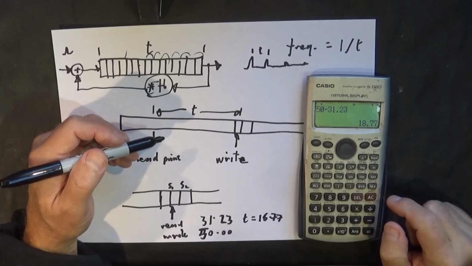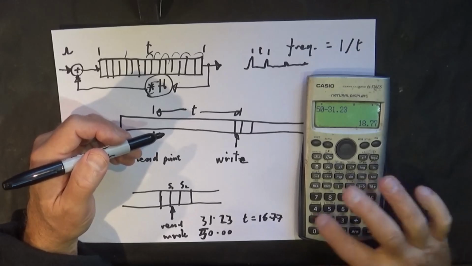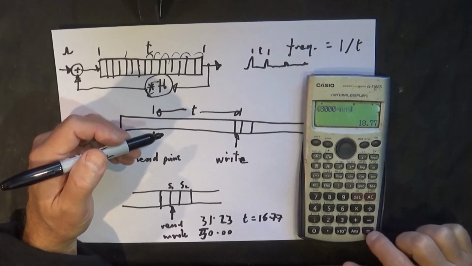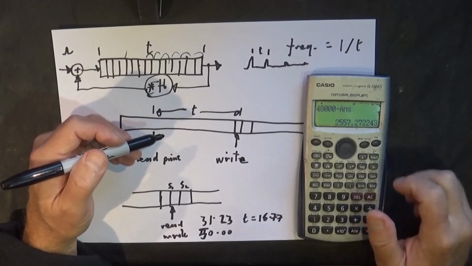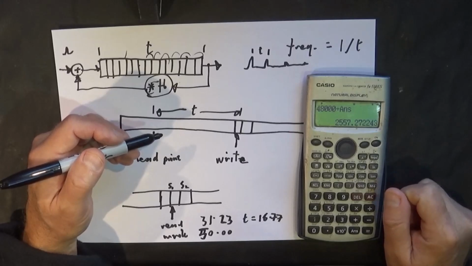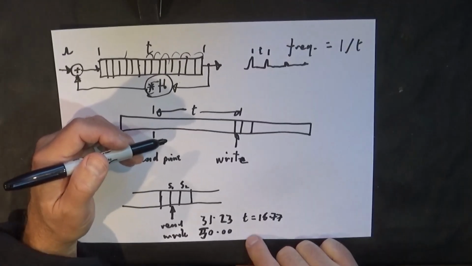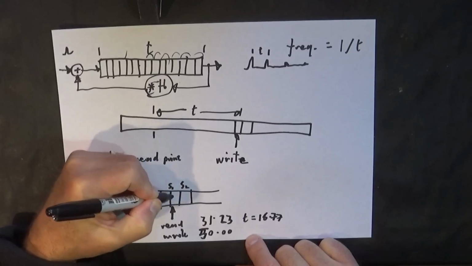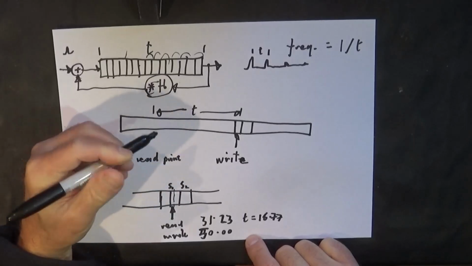The frequency will be 48,000 divided by that. The frequency will be 2,557 hertz, 0.2, yeah. So yes, there we go, we can make any frequency we want, and obviously we've got two values here, but we want this one in the middle.